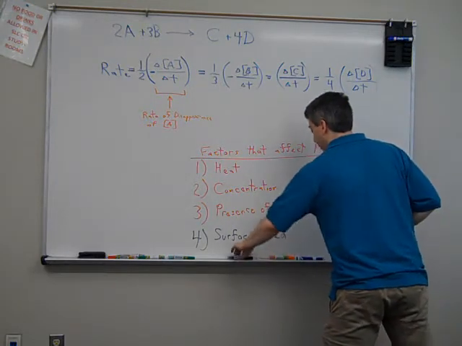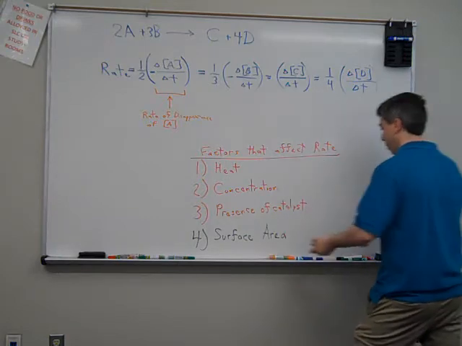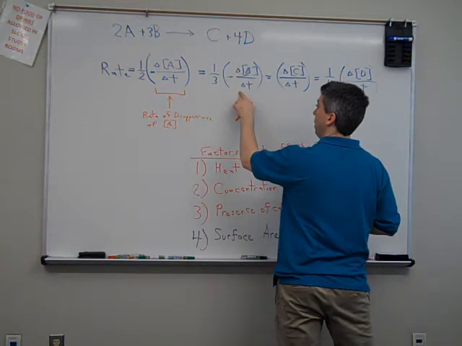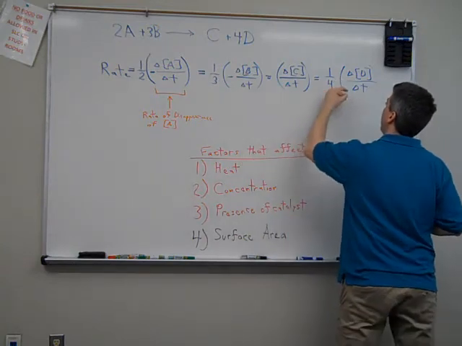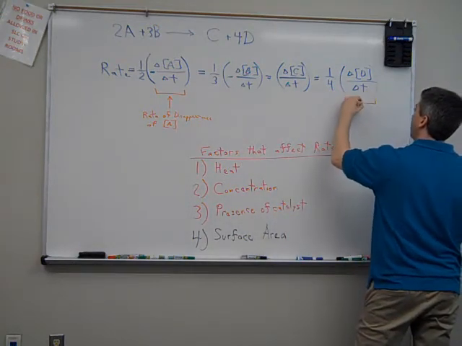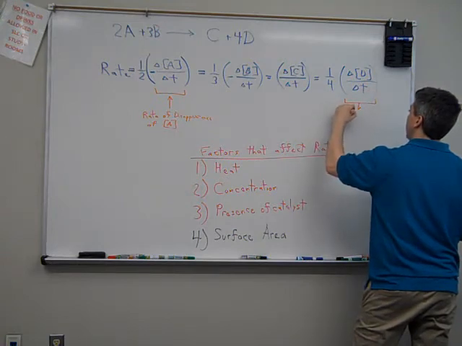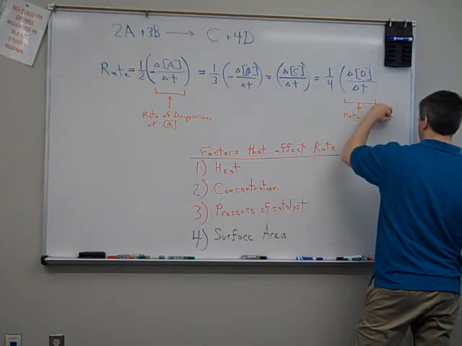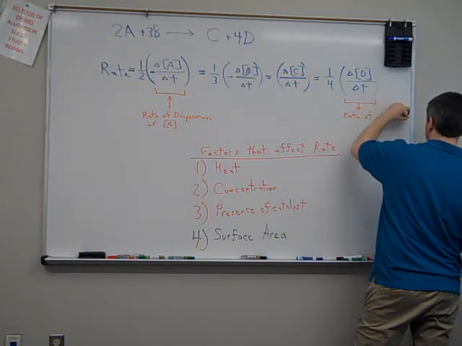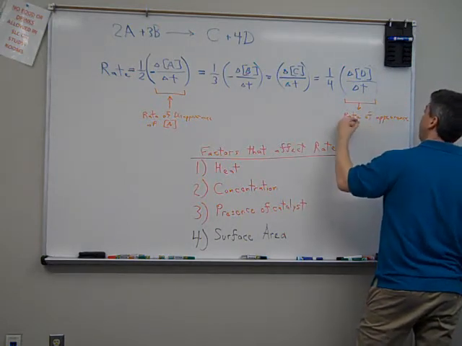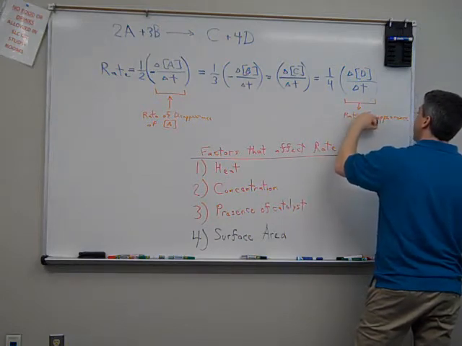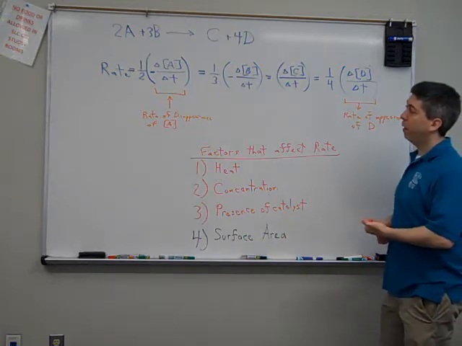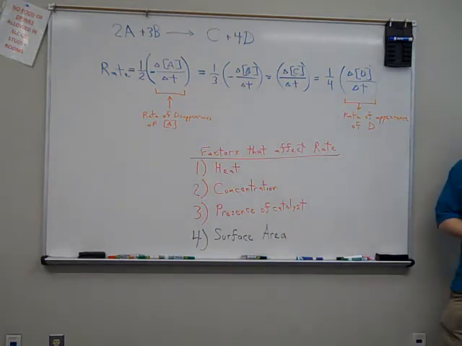Now, in this case, this likewise would be a rate of disappearance of B. And this here would be a rate of appearance of D. So, rate is always given as a positive number.